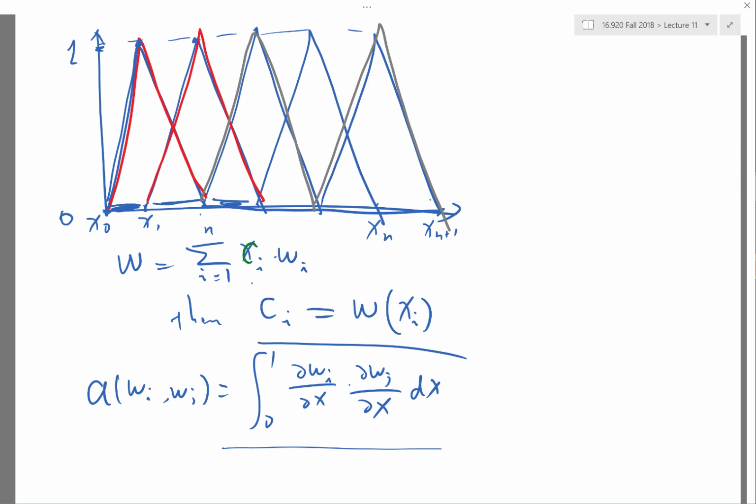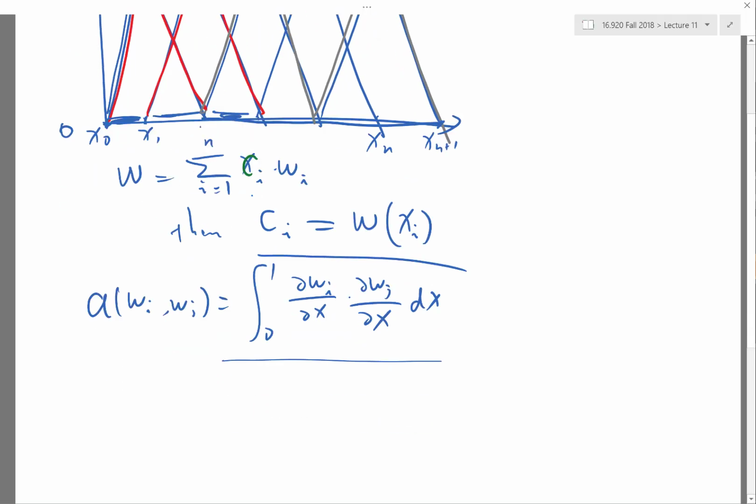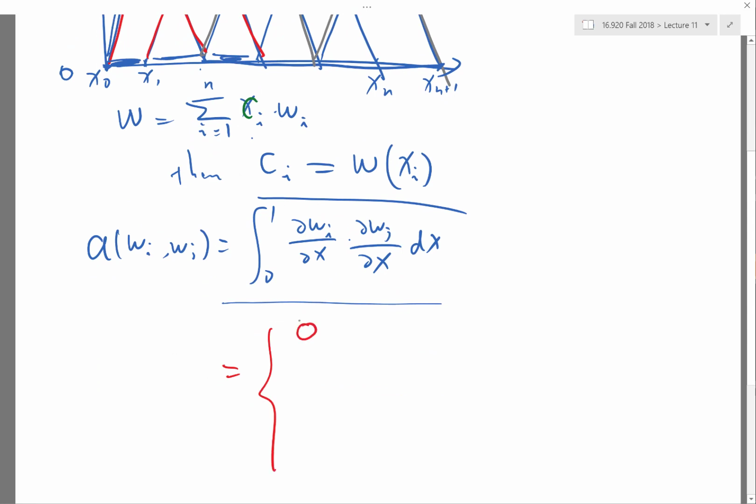Okay, so the only ones that are non-zero are basically those with the absolute value of i minus j less than or equal to 1. If the difference between i and j is greater than 1, they automatically get 0, because they don't overlap.